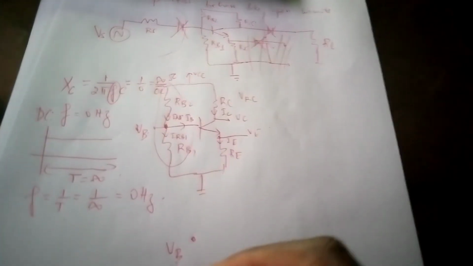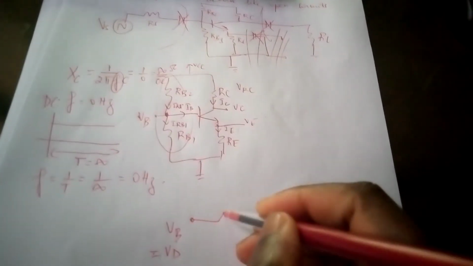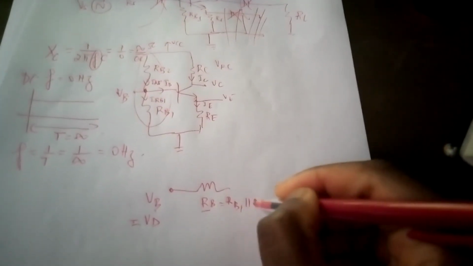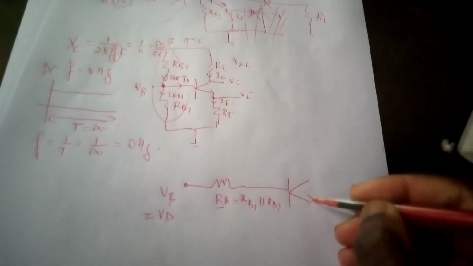So what we do is convert that network there into a single VB computed by voltage divider, and a combination resistor RB, which is normally considered to be RB1 in parallel with RB2, going into the transistor.